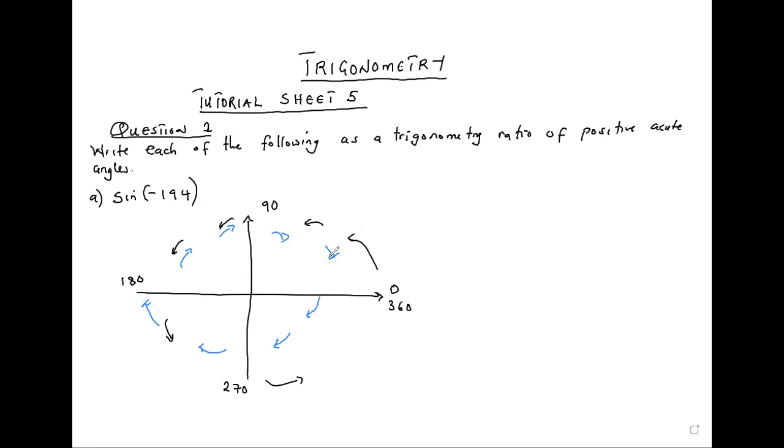So if they do so, they will start from 0 and go to negative 90 and go to negative 180 and go to negative 270 and go to negative 360.